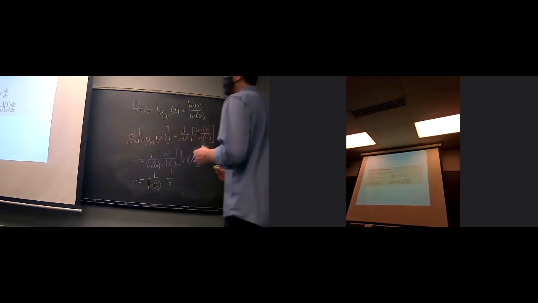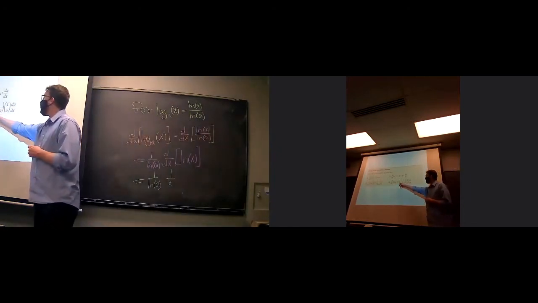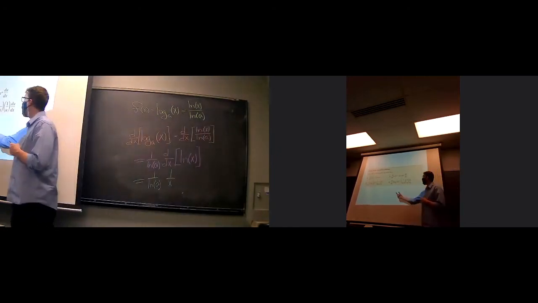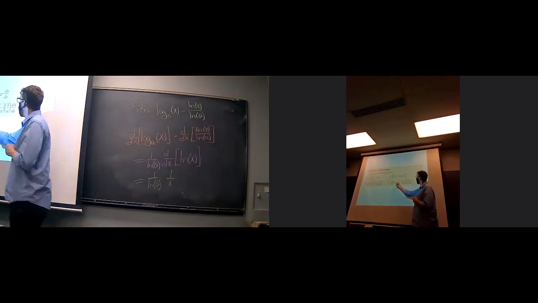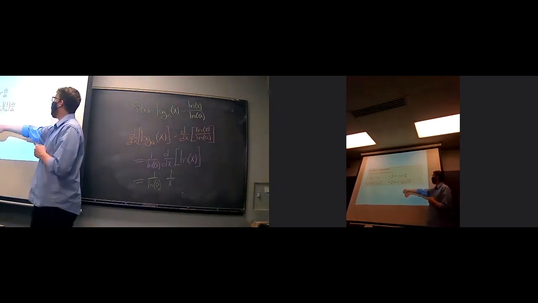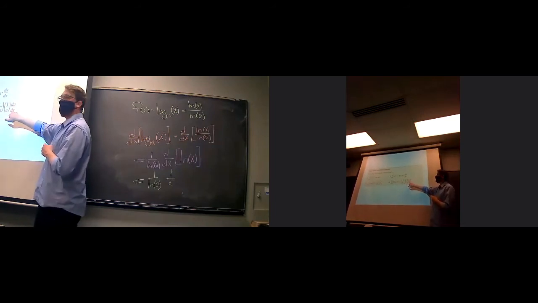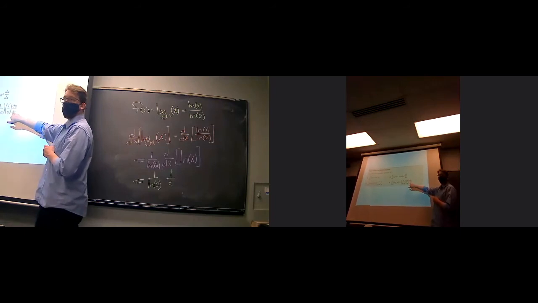And more generally, if instead of x, we had some general function u of x, there would be 1 over the ln of a times 1 over that general function of x times the derivative of that general function of x. Make sense?